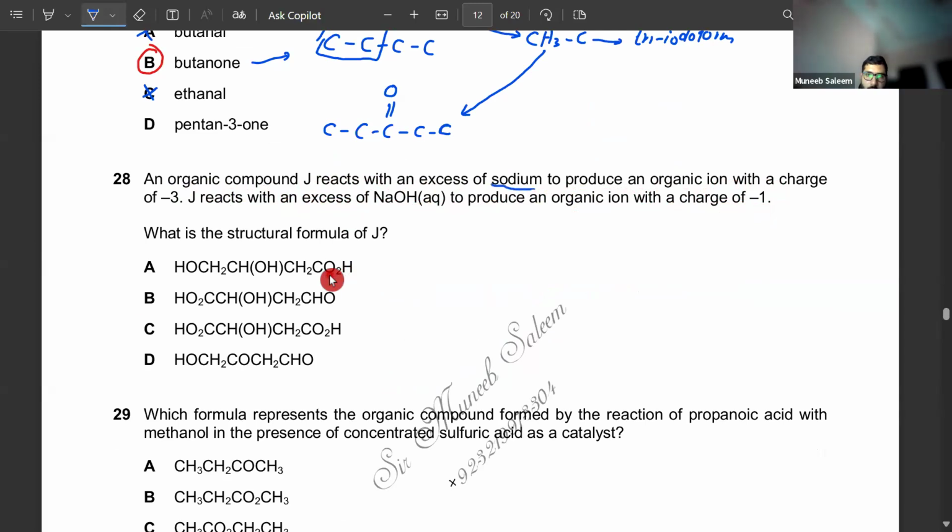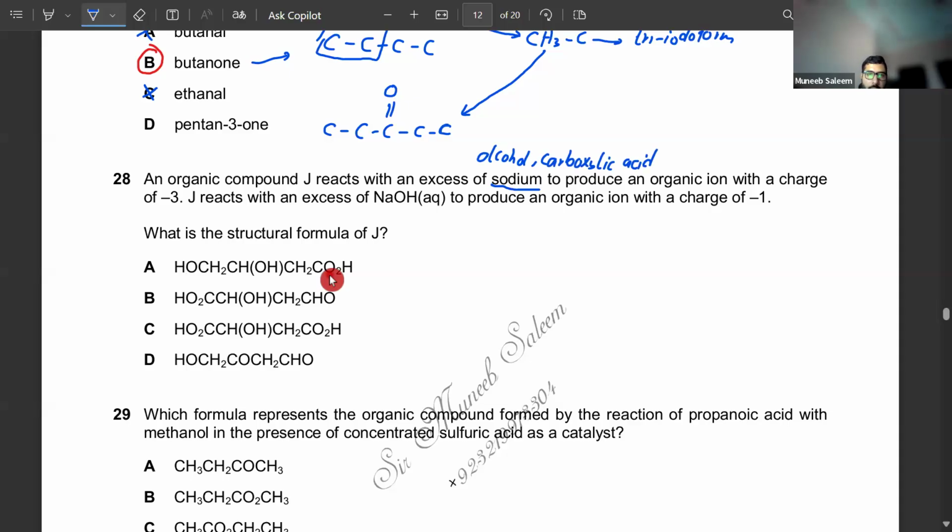The reaction with sodium is given by the alcohol and then by the carboxylic acid. So we have to look at those compounds which will react with the metal.